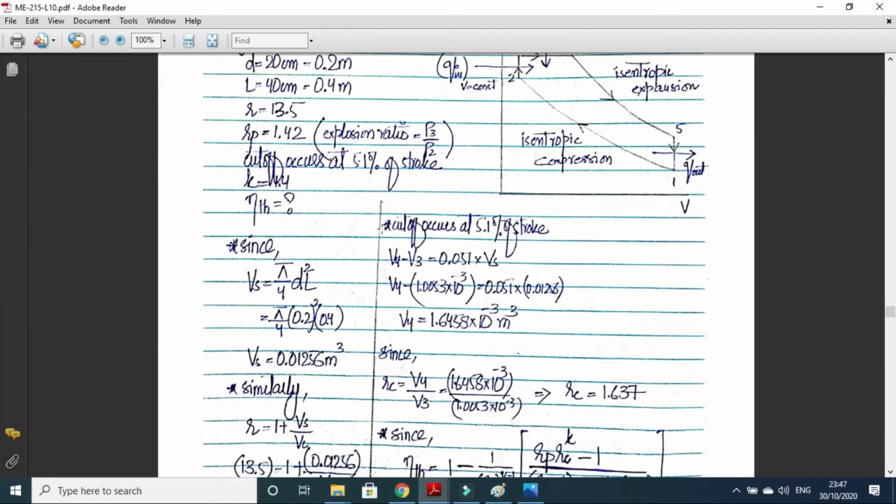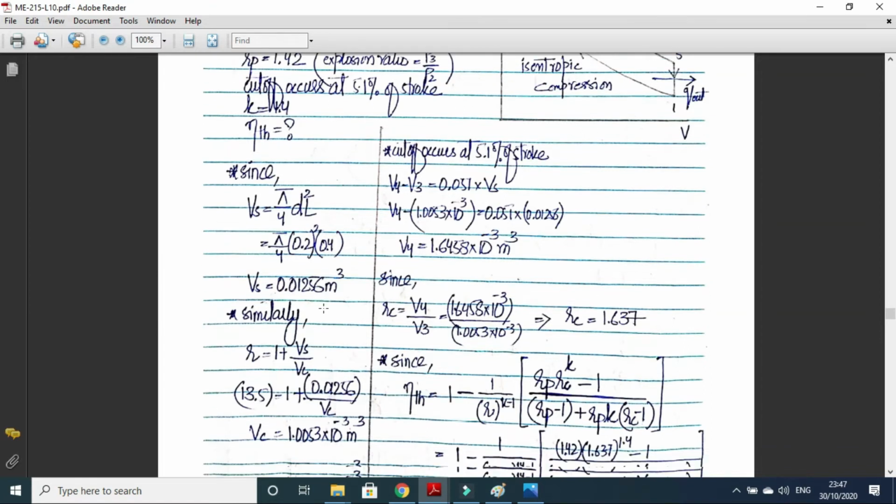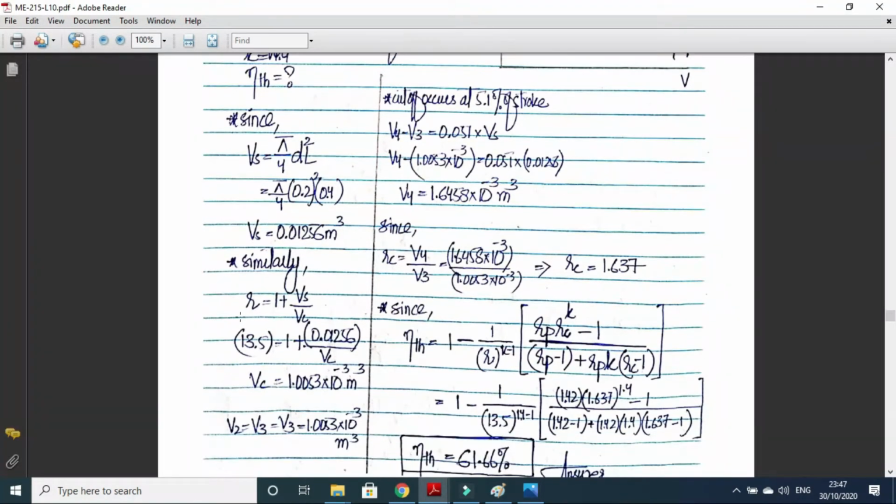So it's a simple numerical. Swept volume can be calculated with the formula pi by 4 d square into L. D is given, L is given, so swept volume can be calculated. R is given, and clearance volume can be calculated with this formula, R is equal to 1 plus Vs upon Vc. R is given, Vs was just calculated, so we can calculate Vc.